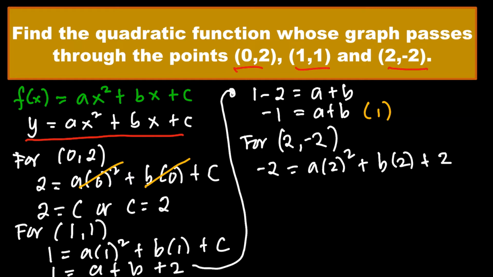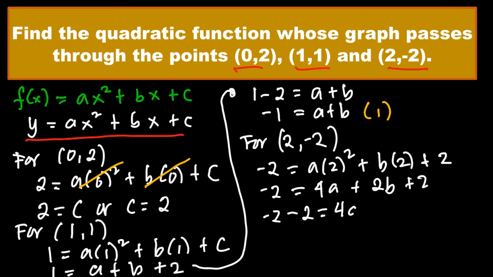This will give us -2 = 4a + 2b + 2. Simplifying further, -2 - 2 = 4a + 2b, and this will give us -4 = 4a + 2b. Take note, let's have this as our equation 2.